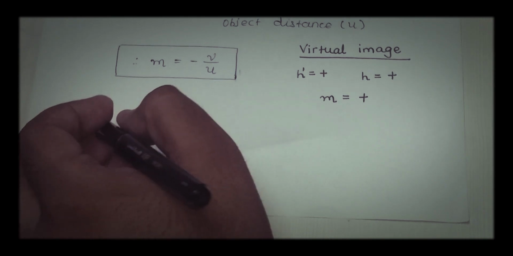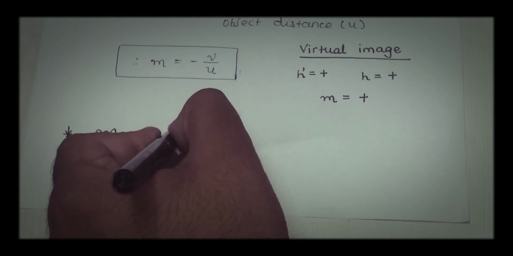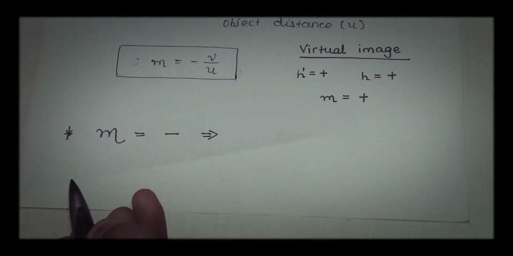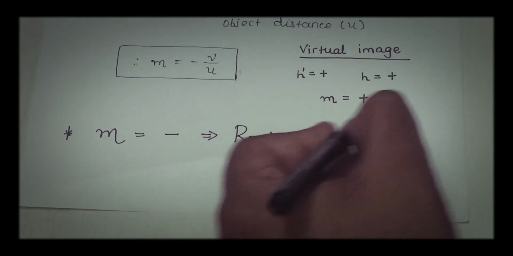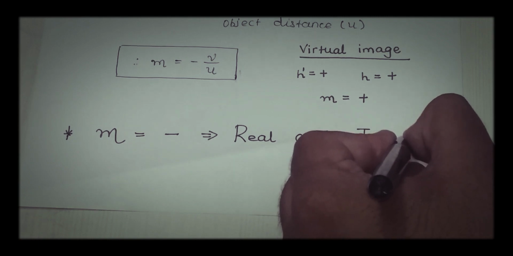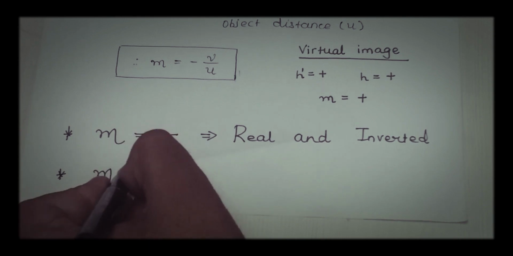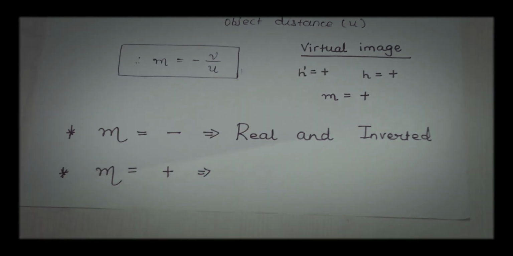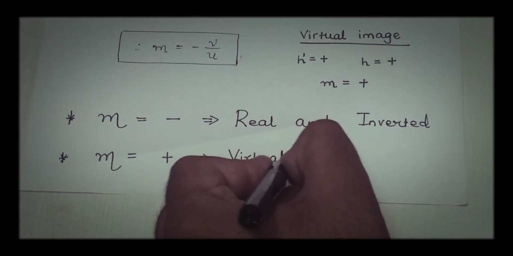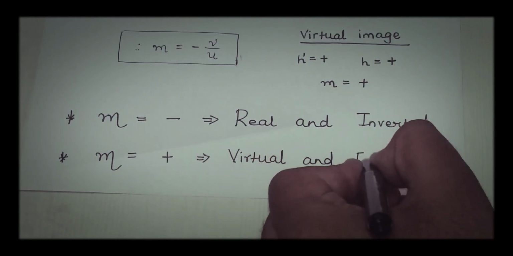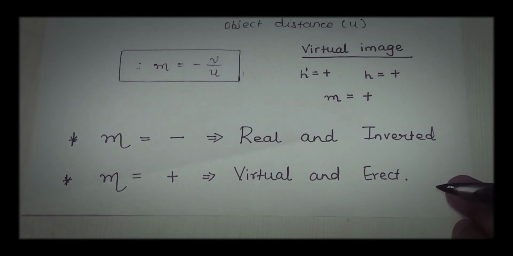Now we can say that if m is negative, then the nature of the image is real and inverted. And if m is positive, then the nature of the image is virtual and erect.